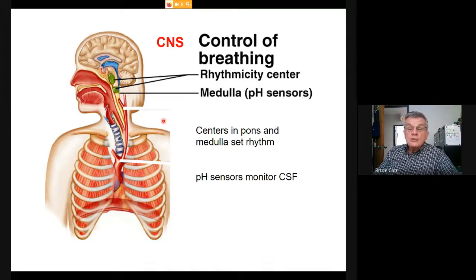Now, these pH sensors are going to be monitoring the cerebrospinal fluid, and isn't that interesting? So we're working to oxygenate the blood, but our life is really our central nervous system, especially our brain. Under no conditions does blood flow to the brain diminish.